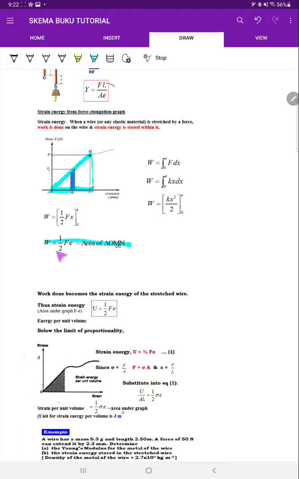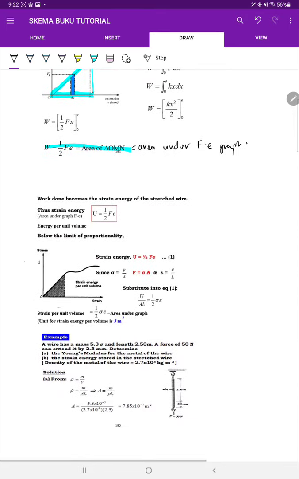Okay, OMN. So, work done sama dengan area under the graph, under the F-e graph. Work done becomes the strain energy of the stretched wire.